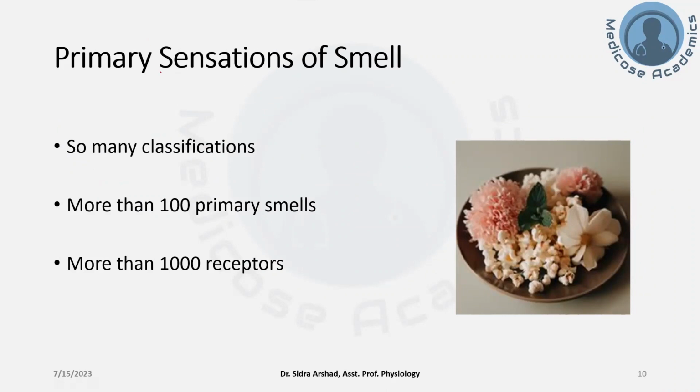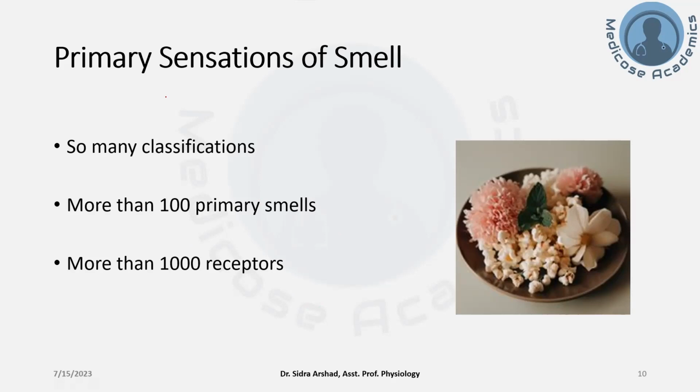Let's talk about the sense of smell, or olfaction. Unlike the taste sensations, the primary sensations of smell are not categorized as easily because there are so many classifications, due to more than 100 primary smells which can be perceived by a human nose. Along with that, there are more than 1,000 receptors for different olfactory molecules.